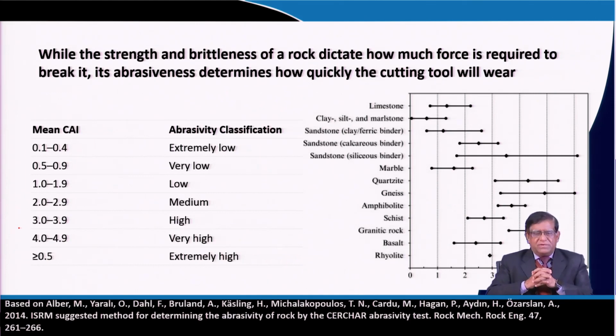In rock mechanics, you might have found the CAI, the Cerchar abrasivity index, which is determined in the laboratory by testing a rock with a standard wearing surface. If the index is very high, you will have to use a wear-resistant material.